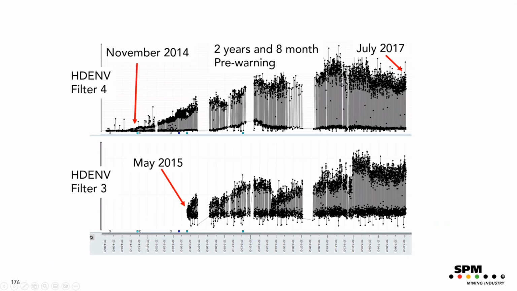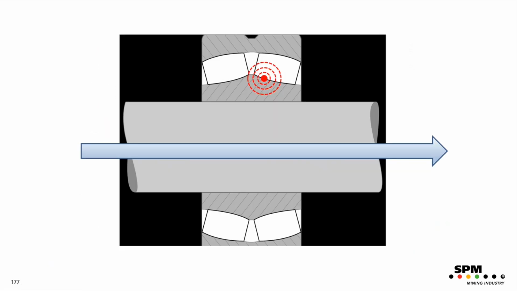And here you can see when the readings are high, you have one rotation direction. And when the readings are low, it's rotating in the other direction. So it was suspected that there should be a damage on the inner race, something like this.